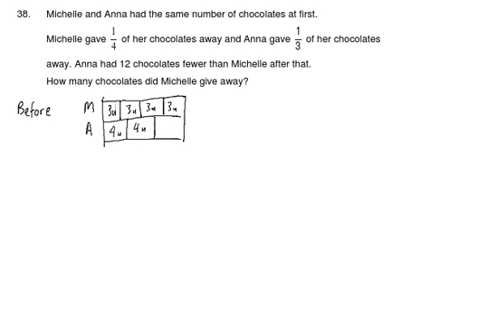Now then, I can give away, right? Michelle gave 1/4 of her chocolates away. That means this part is given away, yes? Then Anna gave 1/3. That means this part is given away, yes? Now, I know my after model already.